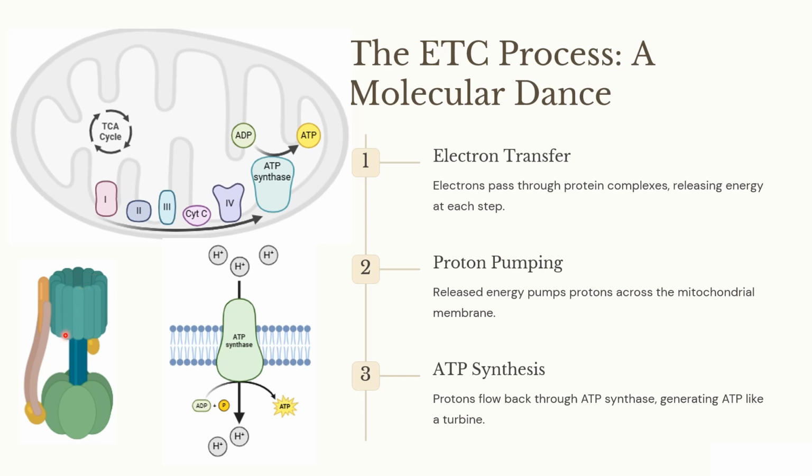When the protons flow through this, the turbine starts spinning and ATP is generated. This is how ATP is generated, and for each glucose molecule which enters and through the TCA cycle forms NADH and FADH2, around 32 to 34 ATP molecules are produced.